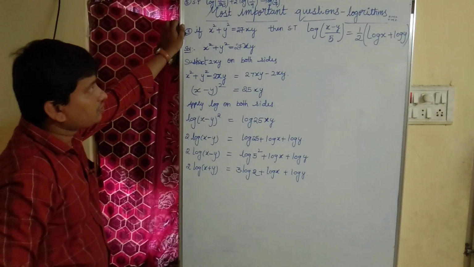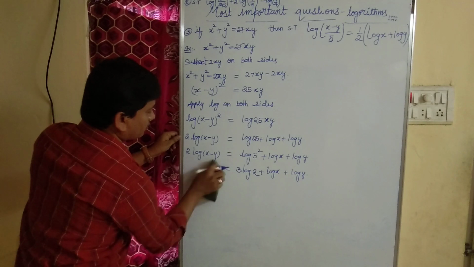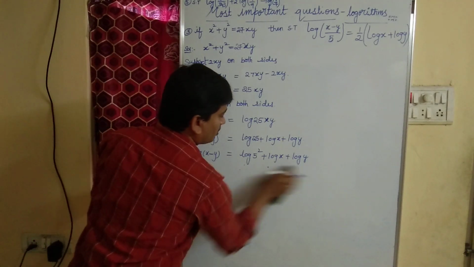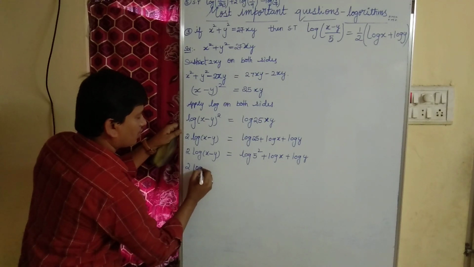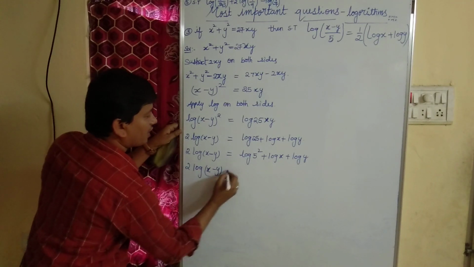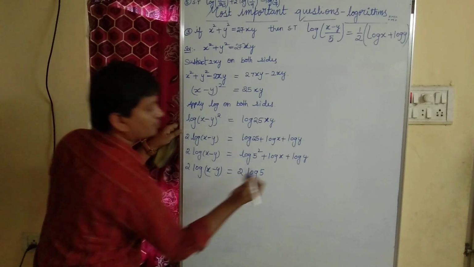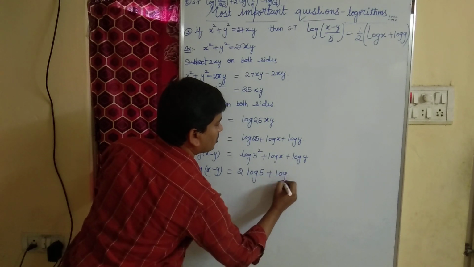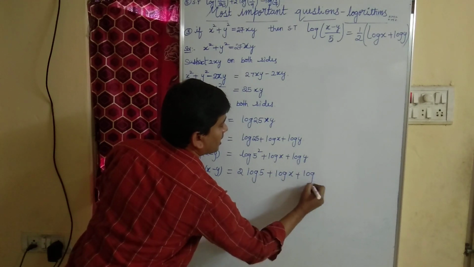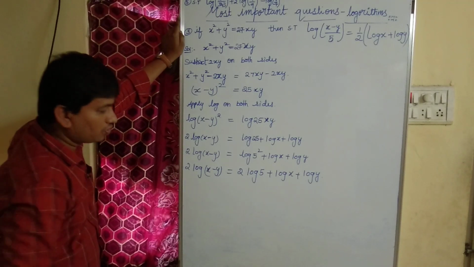Now, log of (x minus y), right? Let us arrange this. Now 2 into log of (x minus y) equals log 5 square, I can write as 2 log 5, plus log x plus log y. Now what do you do?